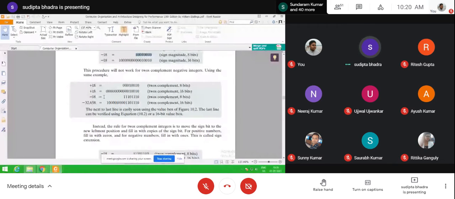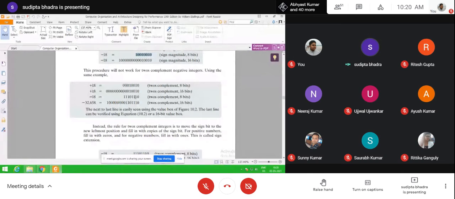Minus 18 means 1 at the MSB, 1 at the 7th position. That means minus 128. Now the rest, from 0th bit to 6th bit, the combination will represent the value plus 110. So how is this happening?